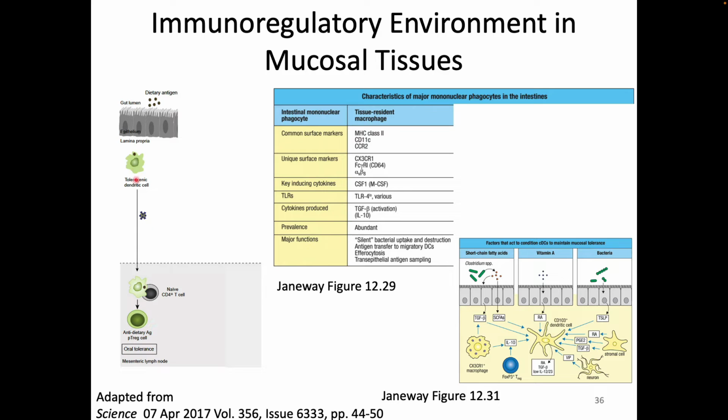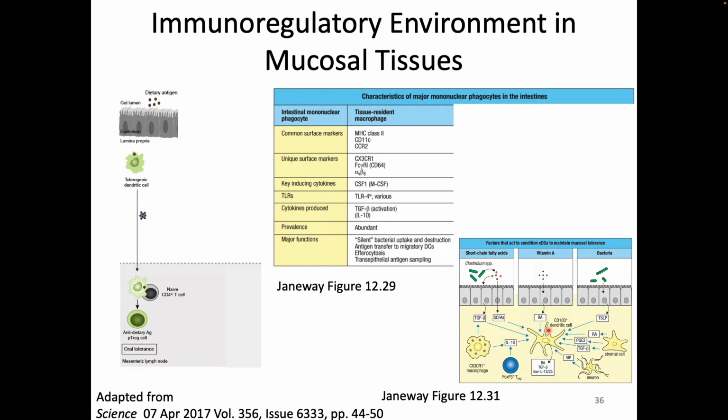So this innate immune cell in the gut might specifically make cytokines to push T cells towards Tregs. That might make a whole bunch of TGF-beta and IL-10, whether it's a macrophage or whether it's a dendritic cell in that location.